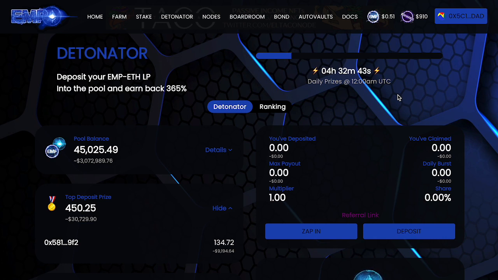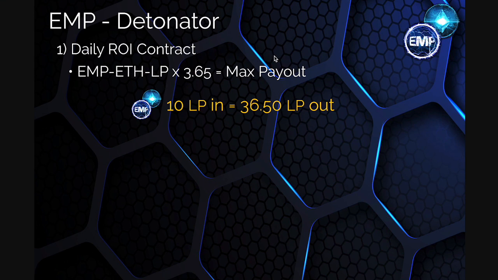That's sort of an easier way to do it. You will pay a little bit more in gas fees, but it's very convenient versus learning it yourself. It just depends on how you want to approach it. So you have those 2 options of how to deposit, but in both cases, you're ultimately depositing EMP ETH LP into the detonator.